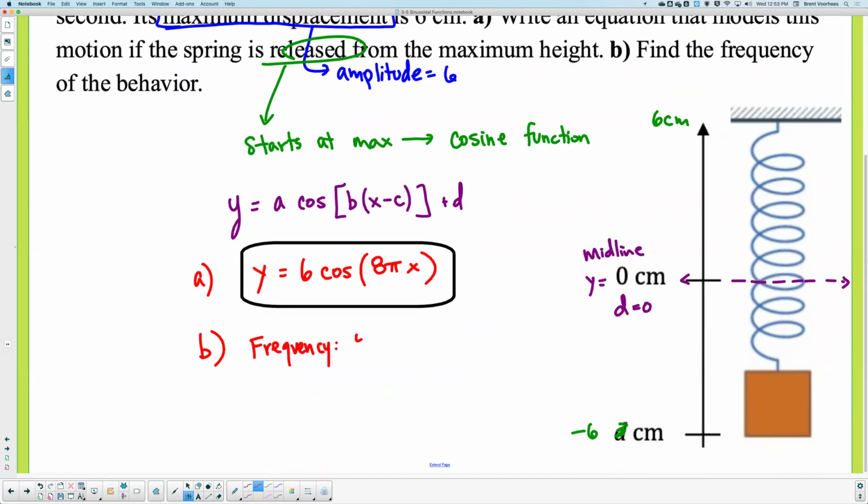And what that means is 4 cycles per 1 second. The frequency is 4, and I'm putting in the units there. It's 4 cycles per 1 second. 4 times it oscillates every 1 second.